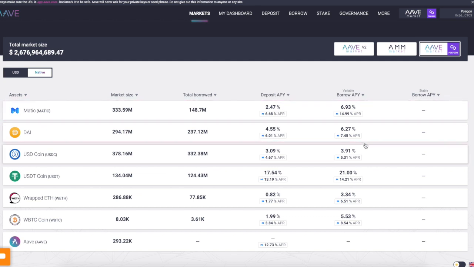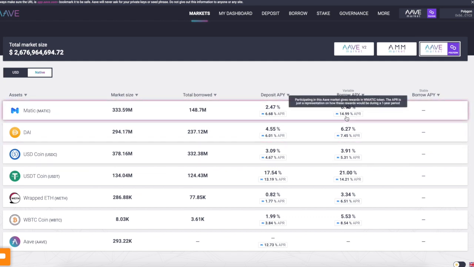But wait, there's more. You see this 14.99%? This is just a 1 year period. So what that means is you're earning an additional 15% MATIC. So that 3% net you're earning plus the 15, you're earning 18% interest on a leveraged position in MATIC.